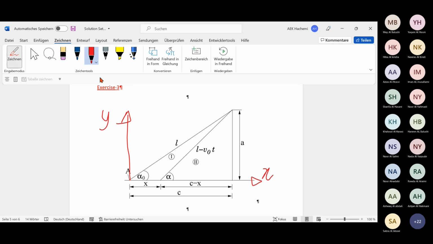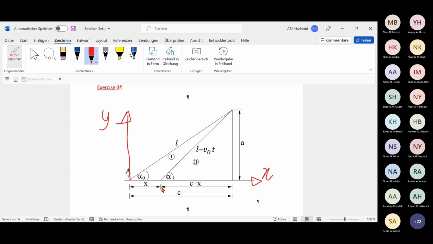Now we have alpha 0, that means a certain position X. We pull the mass m. Initially this is, let's say, at rest.